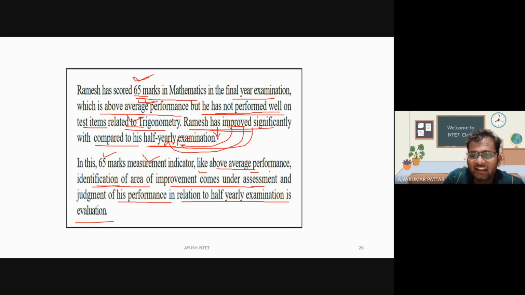If you add the judgment to these assessments, or you give the value, then it is called evaluation. The judgment of his performance in relation to the half yearly examination is evaluation.